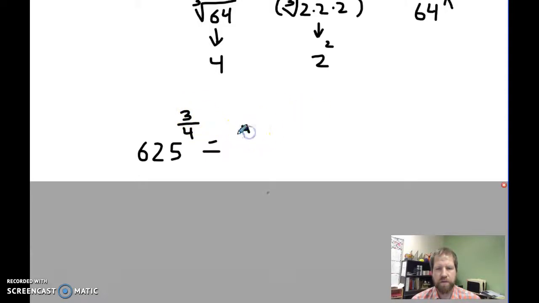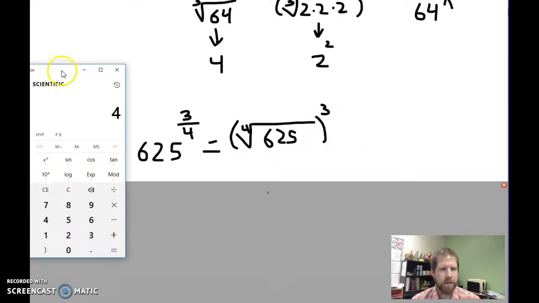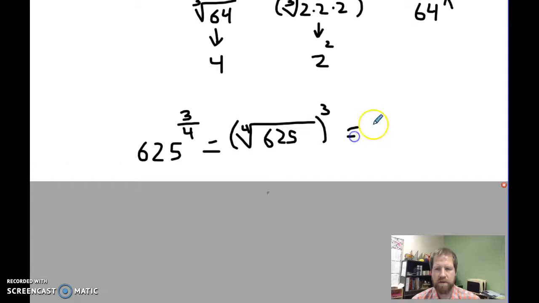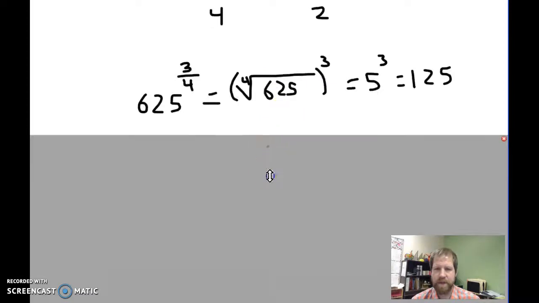So I'm going to take my 4th root, my denominator as my root, of 625, and take that to the 3rd. 625 raised to the 1/4 power is 5. So then I have 5 to the 3rd, which I know is equal to 125. So we had 125 as our answer.